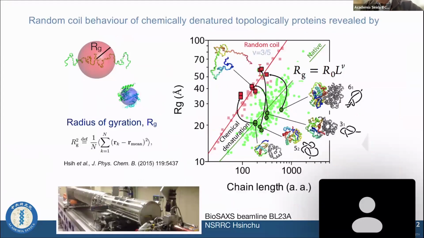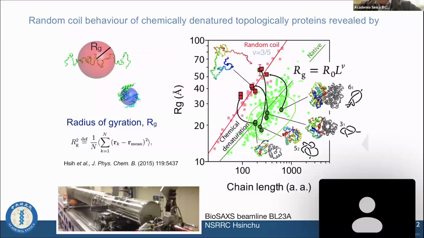So here is an example. We looked at a series of topologically knotty proteins in their native condition, shown in green dots here. You can see that the radius of gyration of these natively folded knotty proteins shows a similar distribution compared to all the other native proteins that are not topologically knotted.